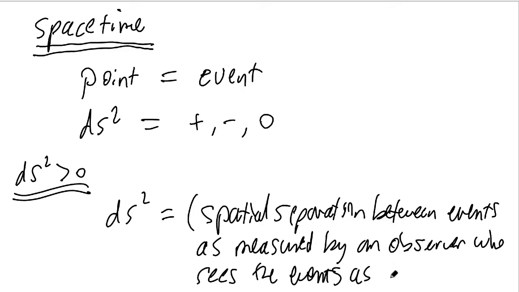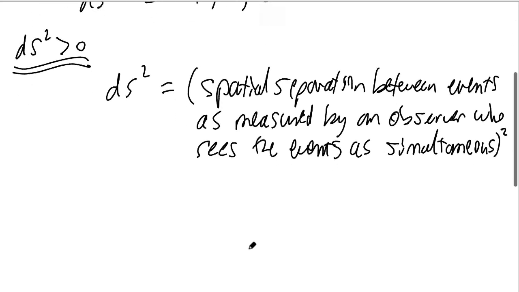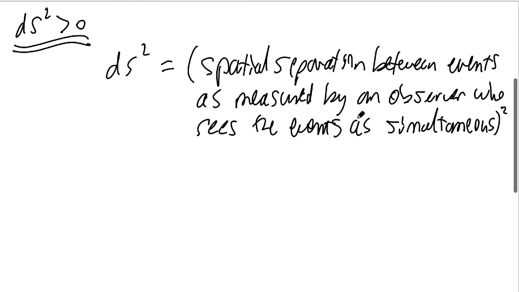So the observer sees the events as being simultaneous, squared. Okay, so that spatial separation squared is the meaning of ds squared. So in short, we refer to this spatial separation as measured by an observer who sees the events as being simultaneous as the proper distance.